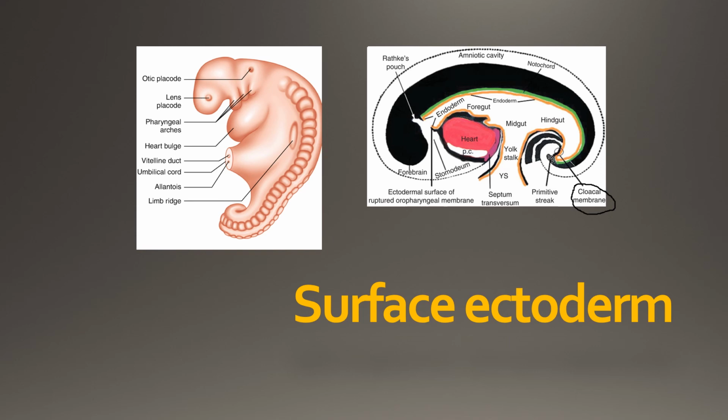This is what appears in the surface ectodermal differentiation. Other things such as the lens placode and otic placode are also derivatives of the ectodermal layer. We will see the development of those in the respective developmental areas.